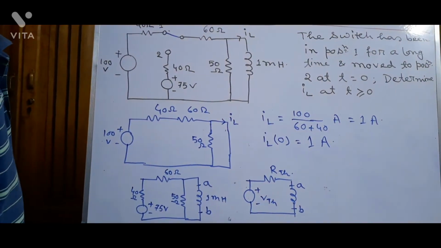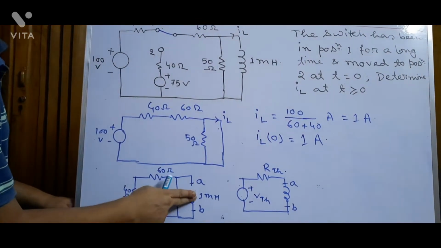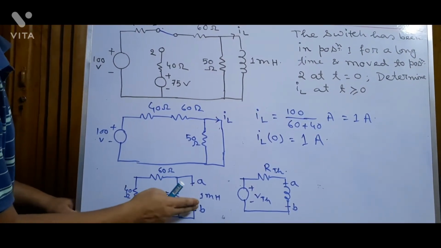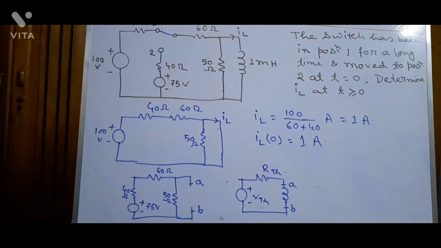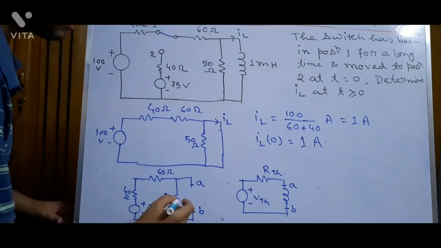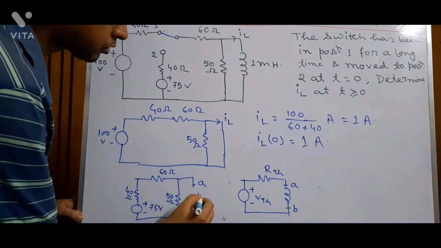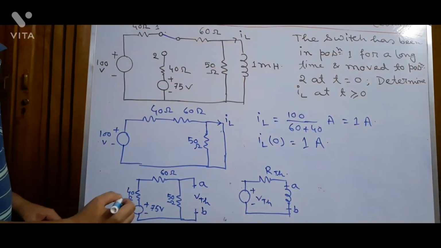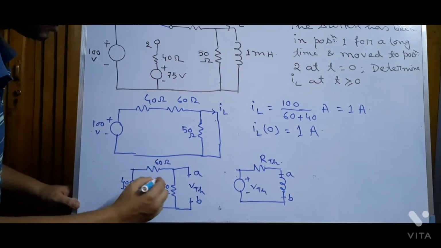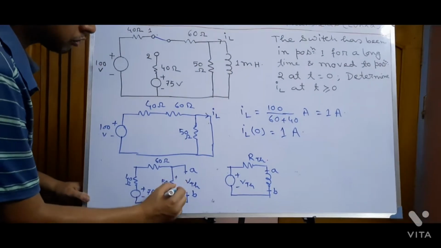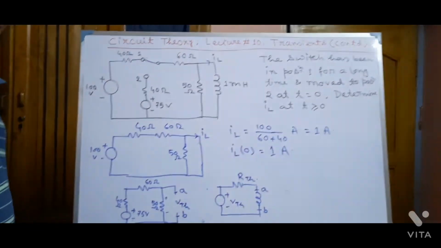In order to do that, we have to make this load, or this inductor, open. If we make this open, the voltage across A and B, that is VTH, is the voltage across the 50 ohm resistance.